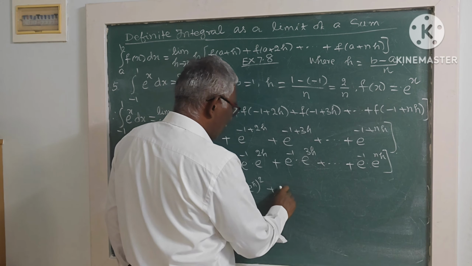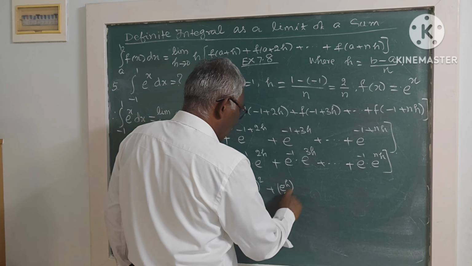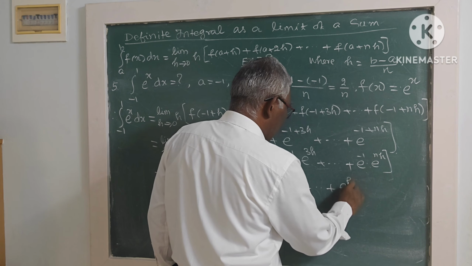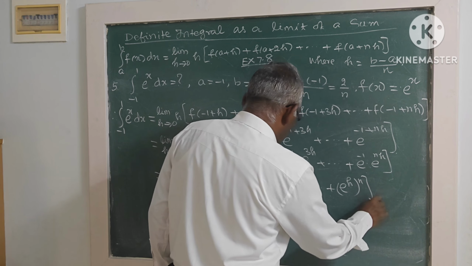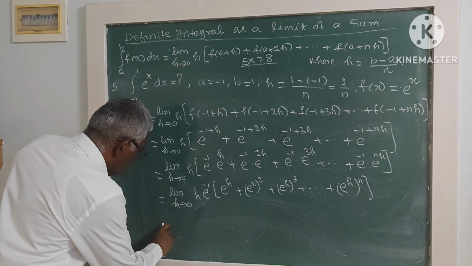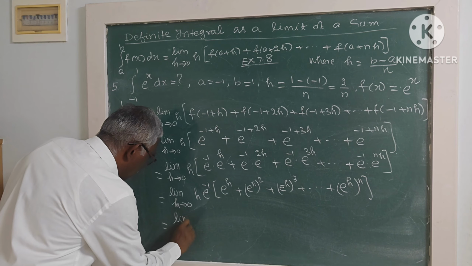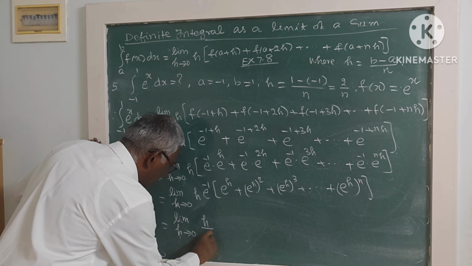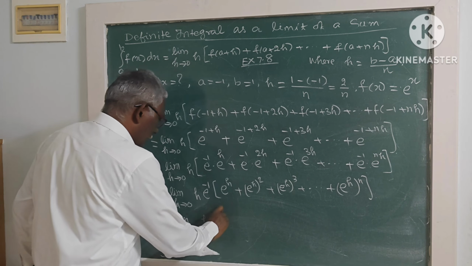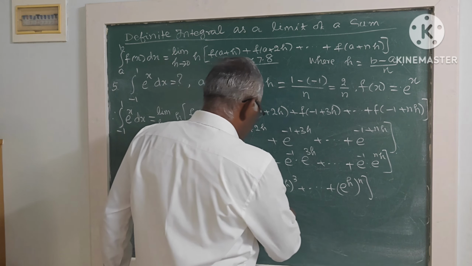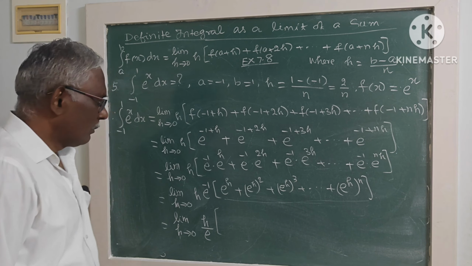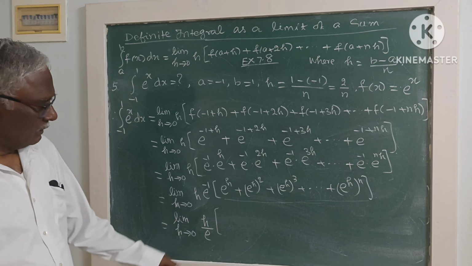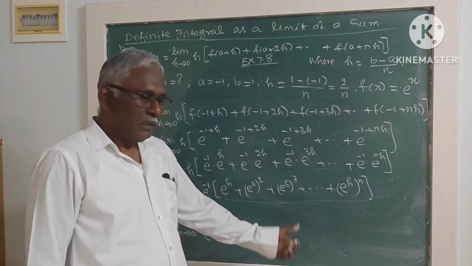Then e power 3h is e power h cube plus etc. e power h power n. So limit h tends to 0, h by e. So this is a GP with the first term e power h and common ratio again e power h.